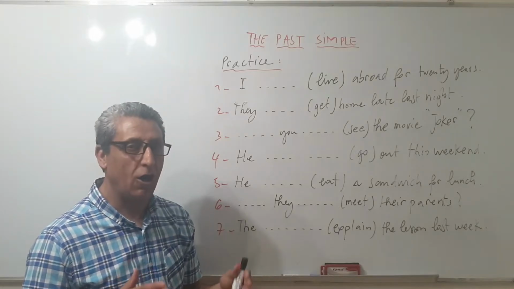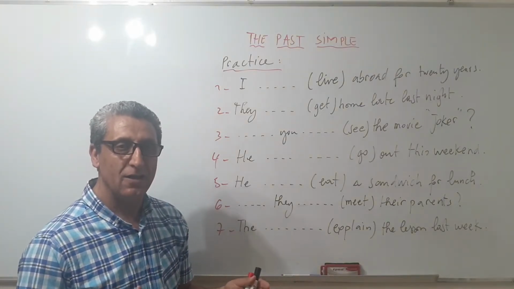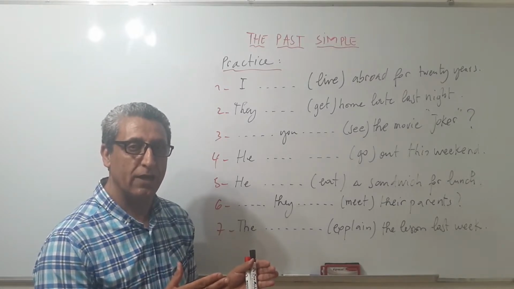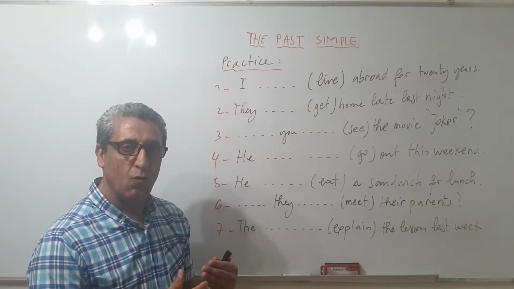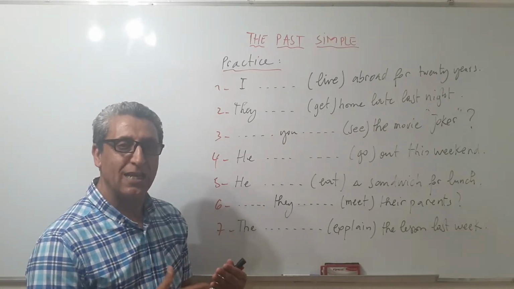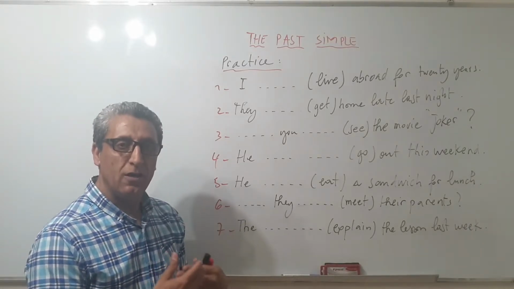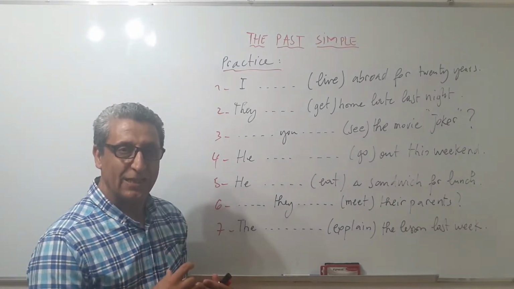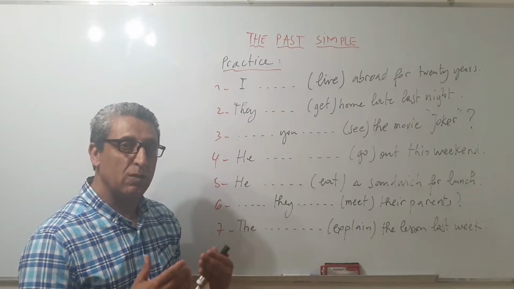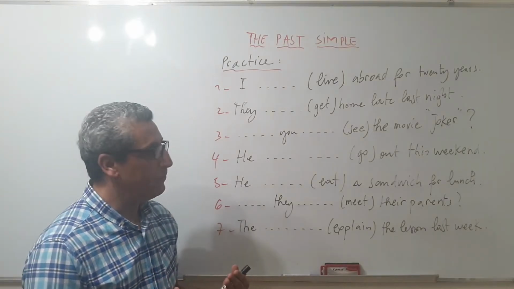So these verbs must be learned by heart. Of course, with practice, we learn them, and also if we take the list and learn set by set of verbs, at the end we learn all verbs. But with practice is better.